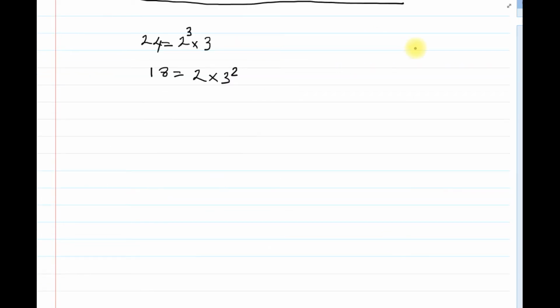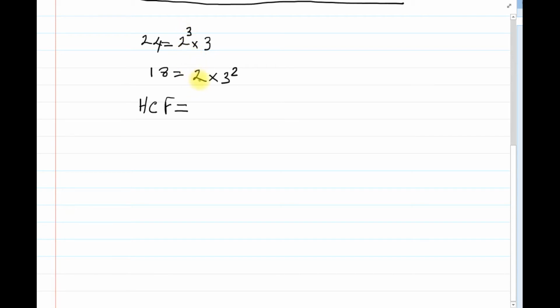Okay, now we have our two numbers, 24 and 18, and we want to find the HCF and the LCM. Now to find the highest common factor, we look at the factors which are common between these two. 2 is common between the two.